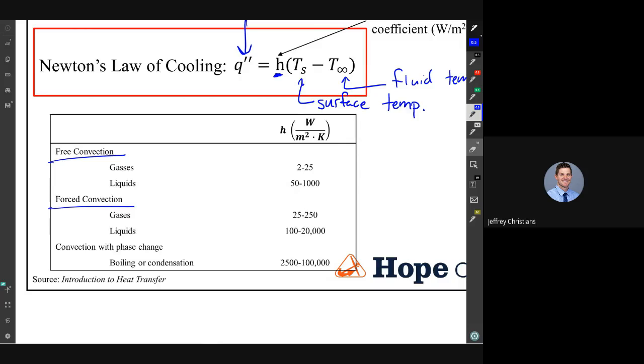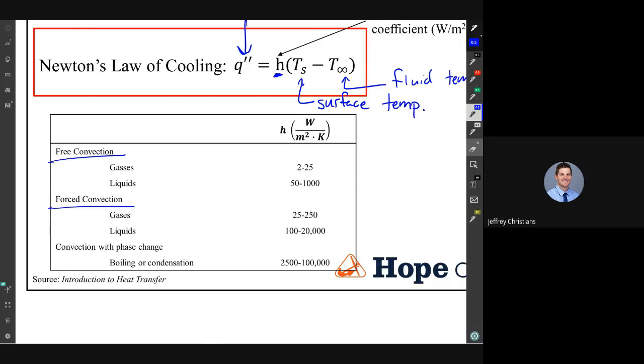Forced convection, if you are making something move, then obviously you can jump again, but depending on the velocities and everything, you're jumping by probably a factor of 10 or 20. So going from a gas to a liquid matters more than going from a gas that's not blowing to a fan blowing on something.